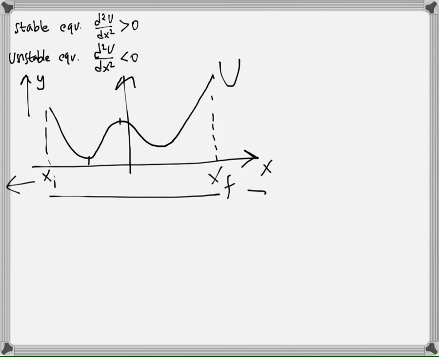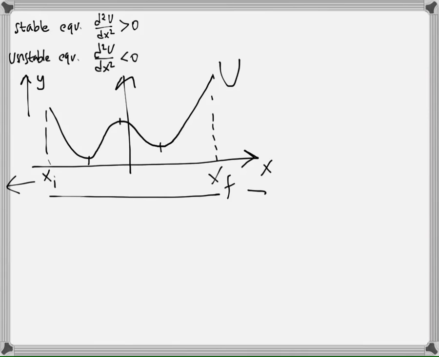If you are given a graph of a function f, the local minimum or local maximum is just the points where this function has a zero slope or zero derivative, right? Obviously, this U function has a zero slope at this point, here and here. Also here, another local minimum. So these local minima or maxima points are the equilibrium points.